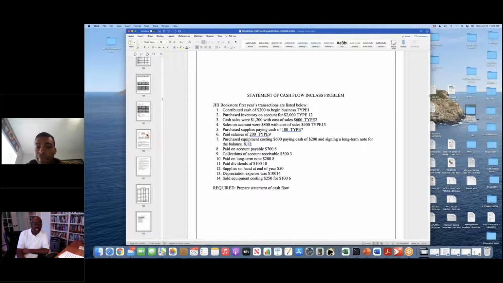So when we buy the asset, when we pay the $200 down, that's going to be a type 7. That's buying an asset using cash.